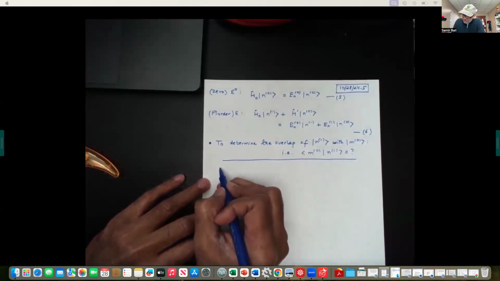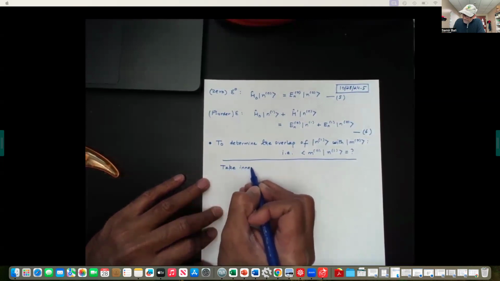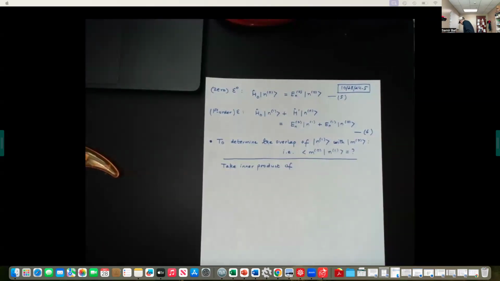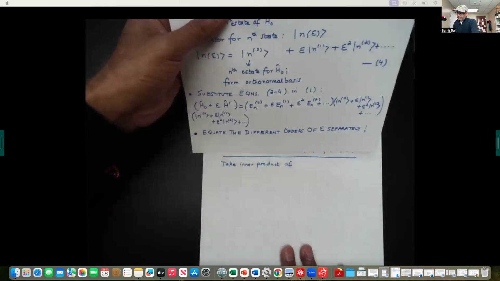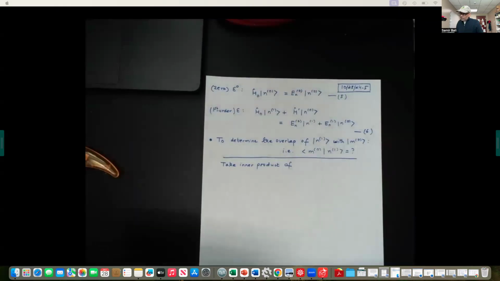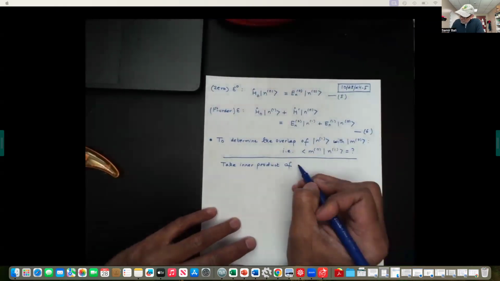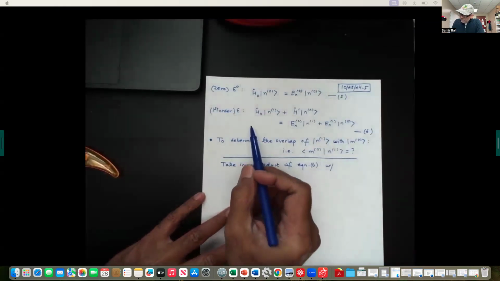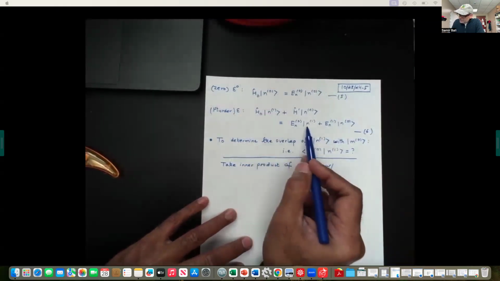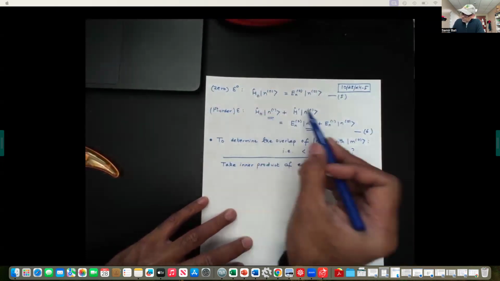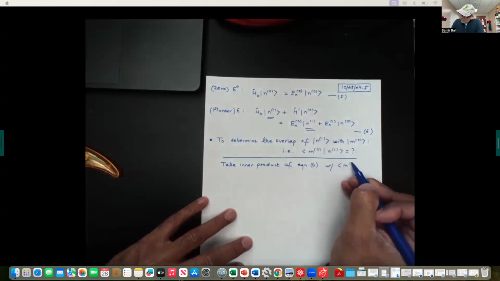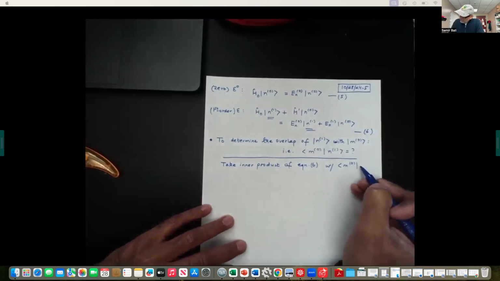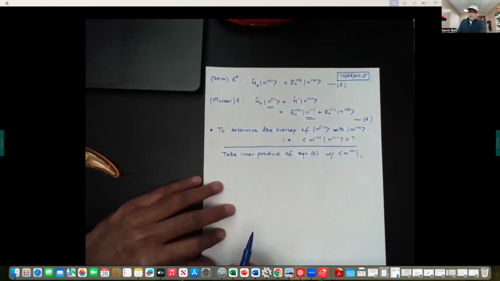And how am I going to do that? Well, I'll just take the inner product of equation 6. Equation 6 is given right there. Because I see an n1 here, if I take the inner product of this equation with this, I expect to get the result that I'm trying to get.